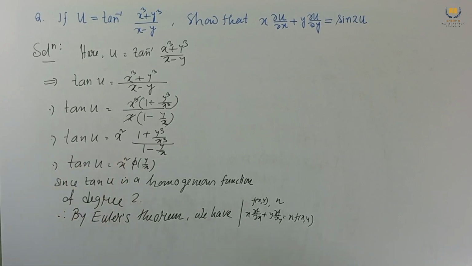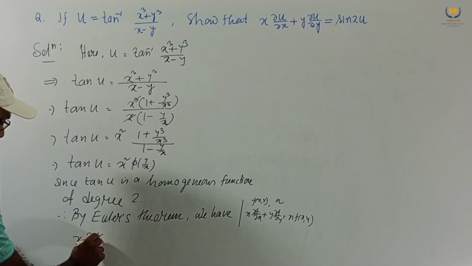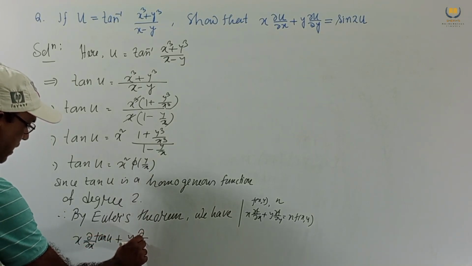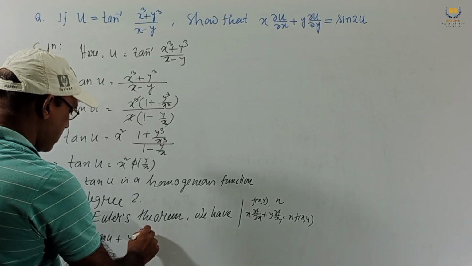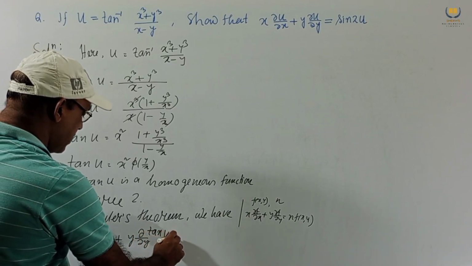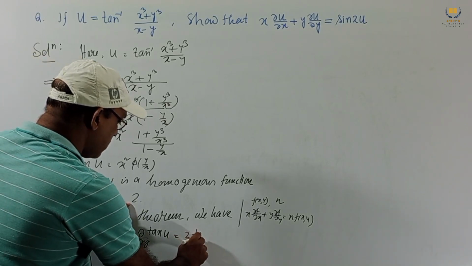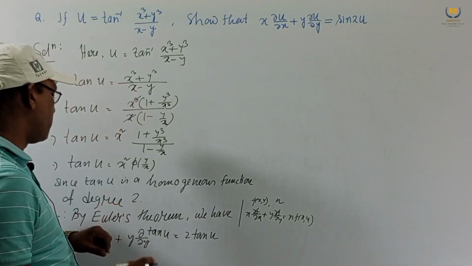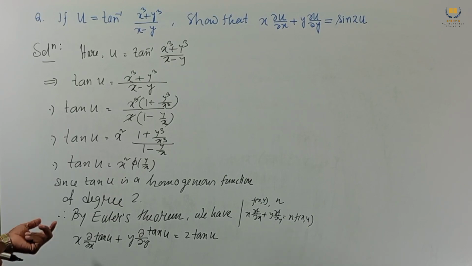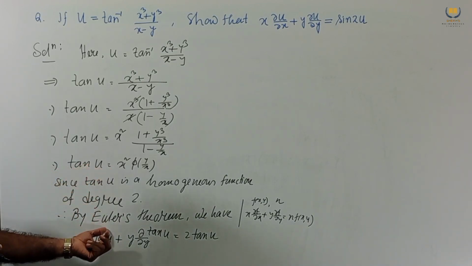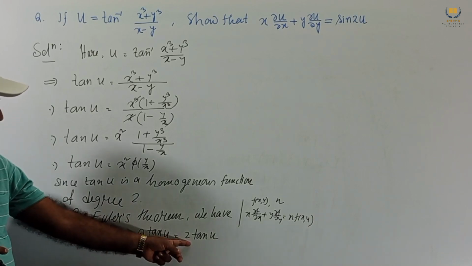Therefore, by Euler's theorem, we have x del del x of tan u plus y del del y of tan u equals degree 2 into tan u. We get this from Euler's theorem. Tan u means f, so x del f del x plus y del f del y is degree into function.